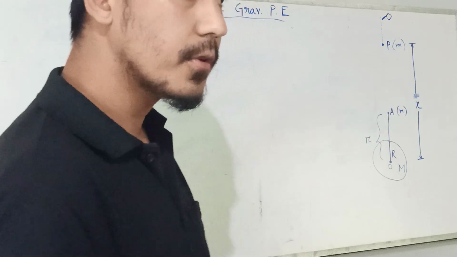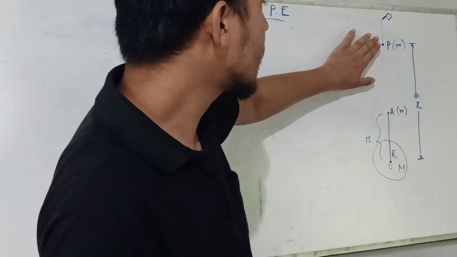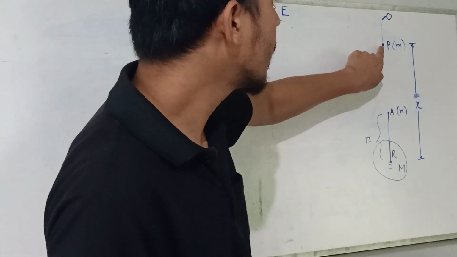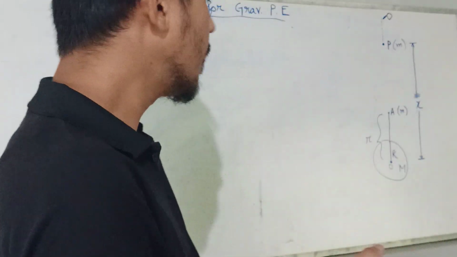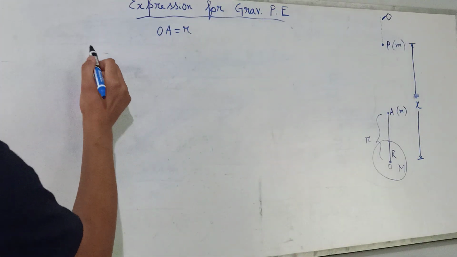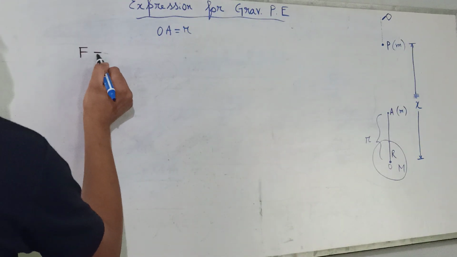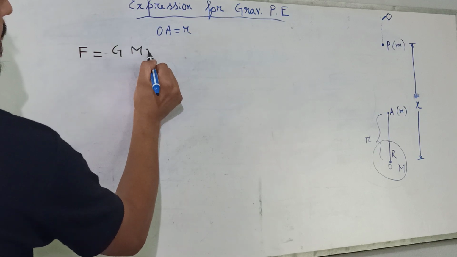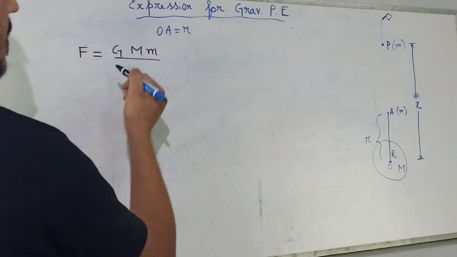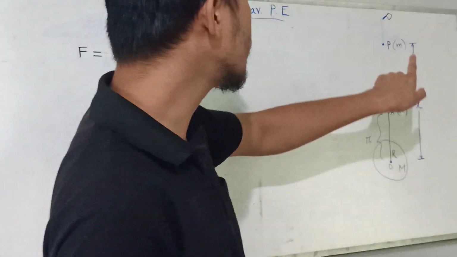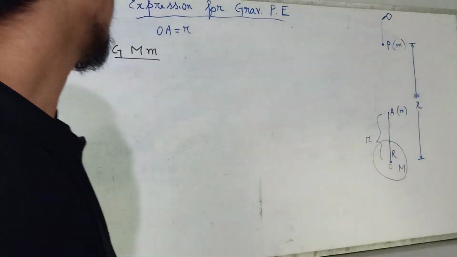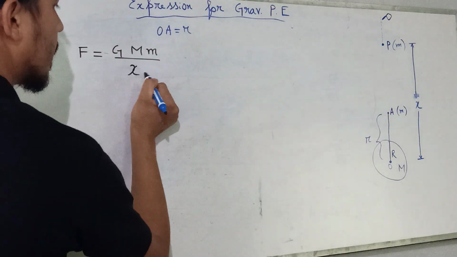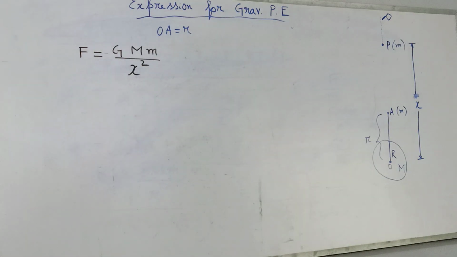The gravitational force of attraction between the Earth and the body at point P will be F is equal to G, product of the masses, mass of the Earth into mass of the body, by square of the distance. Here the distance between the point P and the center of the Earth is x, so we write x squared.